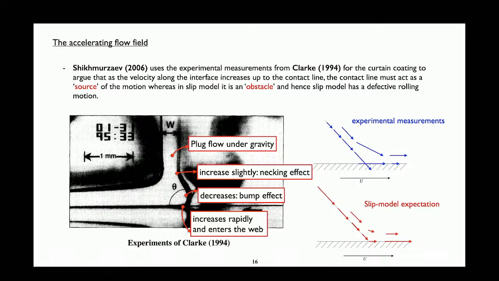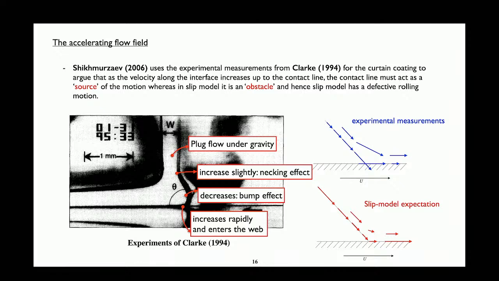In experiments, the liquid falls and obeys the usual plug flow under gravity, then the velocity field slightly increases here, then it decreases because there is a bump. But before entraining into the web, the velocity increases rapidly, so we have an accelerating flow field around here. Here I can find only a black and white image from this paper, but from the captions it's very clear that the flow field around the contact line is accelerating like this.